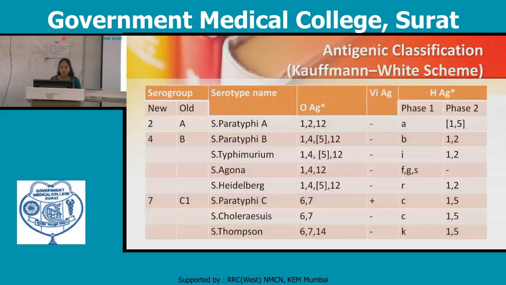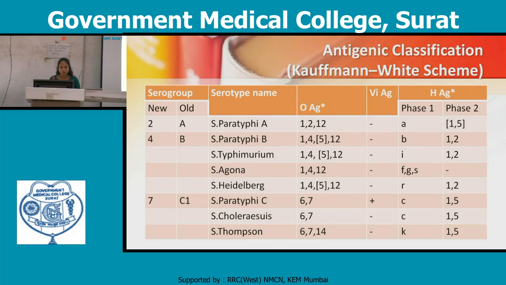Now, Kauffmann and White scheme classification, or antigenic classification. It is typed into serogroup and serotype, that are O antigen, Vi antigen and H antigen. Serogroups are of two types, new and old.